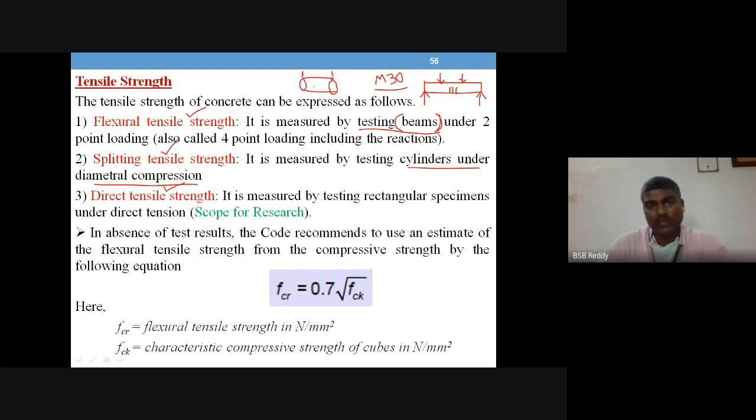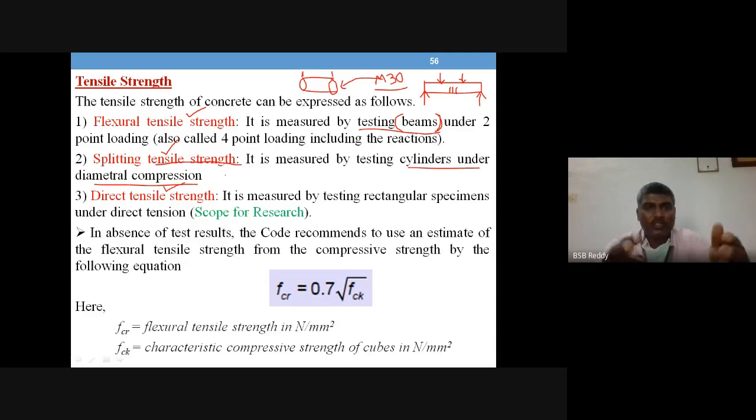So, you have to prepare a cylindrical specimen of concrete, of required grade of concrete, and then test it under diametral compression. You have to apply the compressive load to this specimen and find the tensile strength. That is what is called splitting tensile strength or split tensile strength.